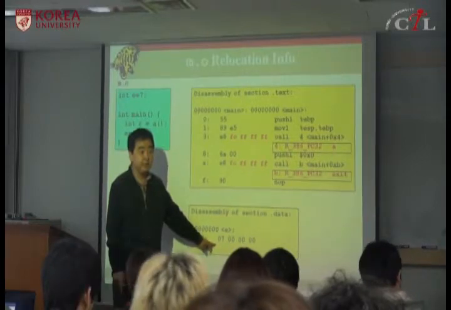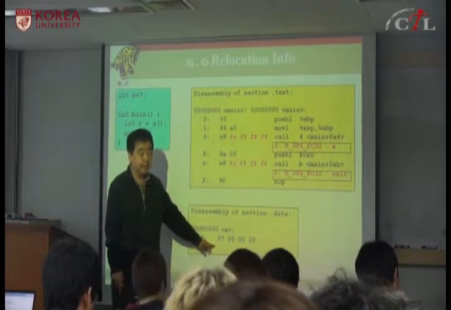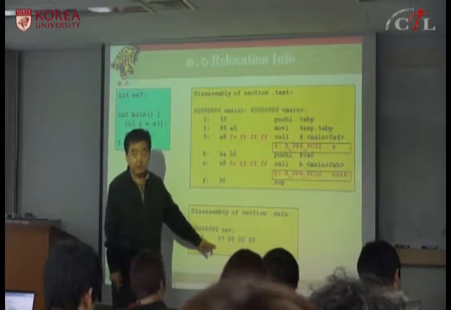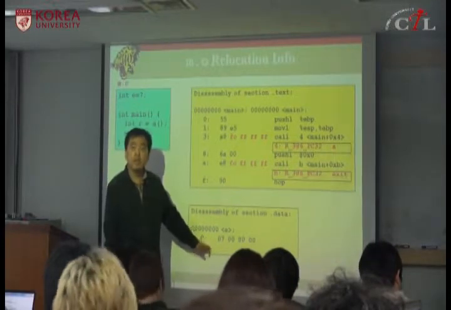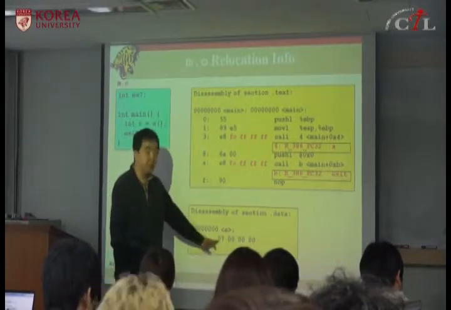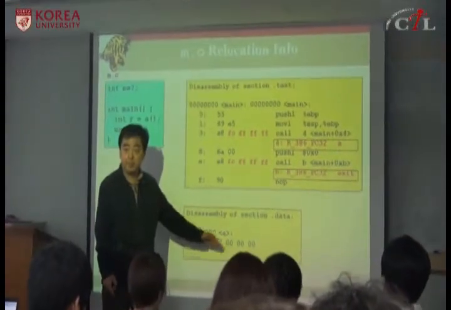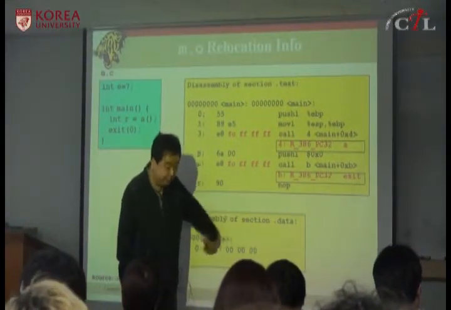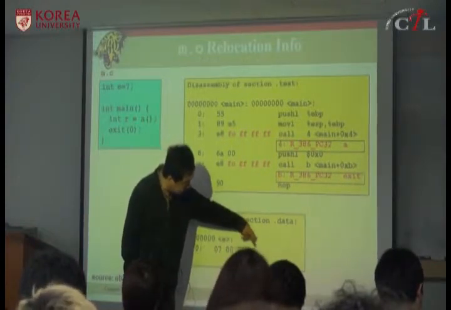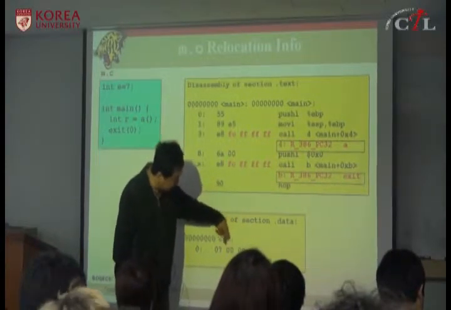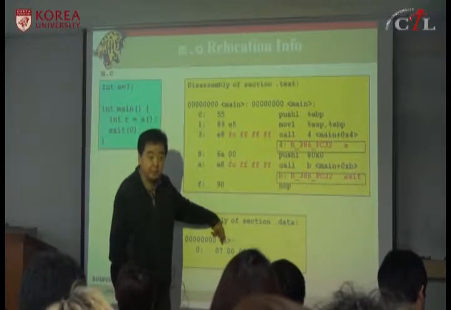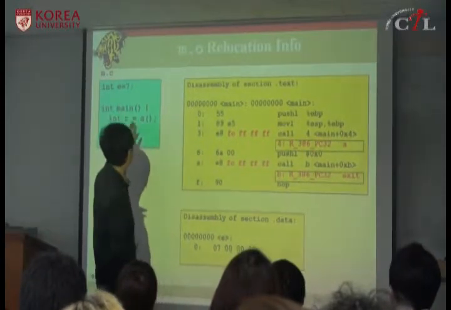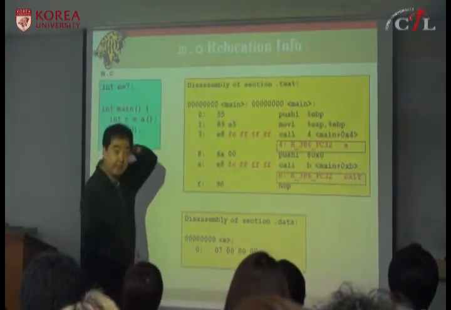Okay? So this corresponds to little endian, which shows that the x86 instruction set architecture uses little endian for memory ordering. So if you read this hexadecimal 00000007, it corresponds to 7 in decimal. Okay?